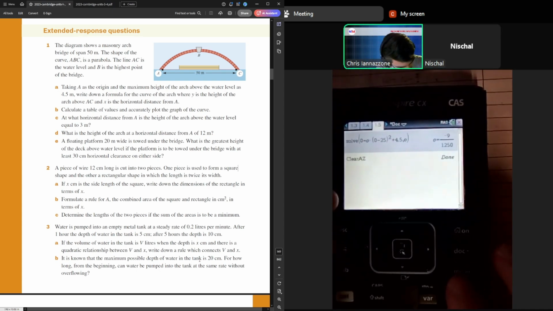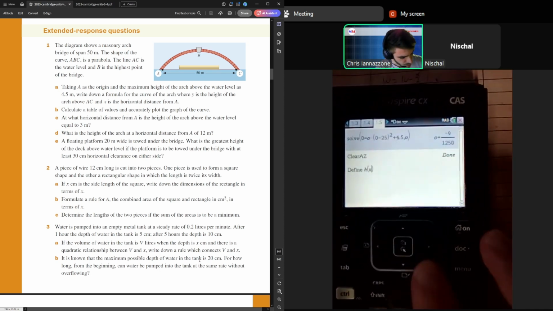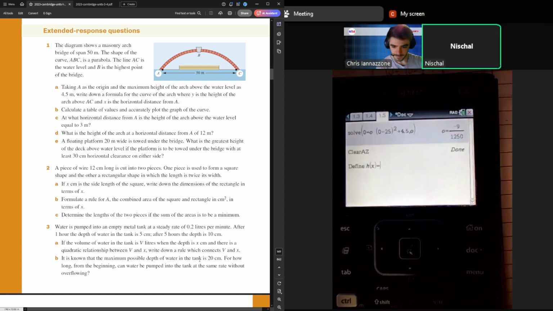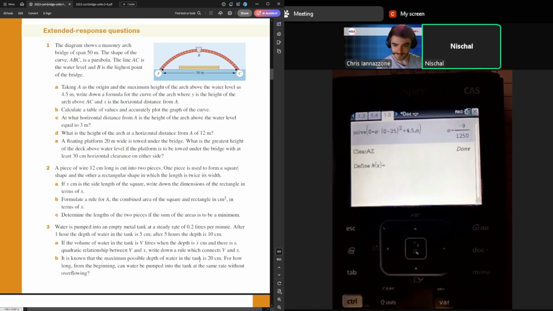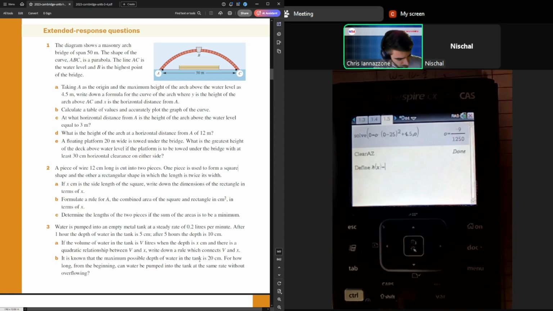Because this is extended response, this is where CAS comes in handy. I mentioned it before in our class. Do you remember how to define functions? What I'm talking about specifically is how to put the function that we created into the CAS so it's easier to recall.